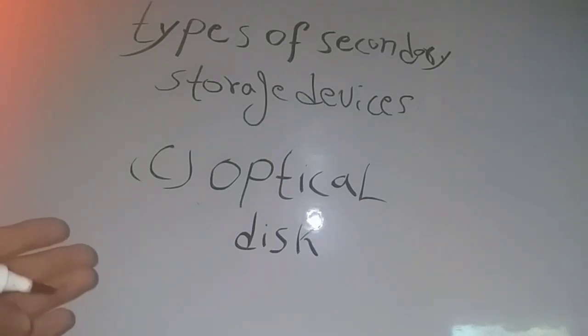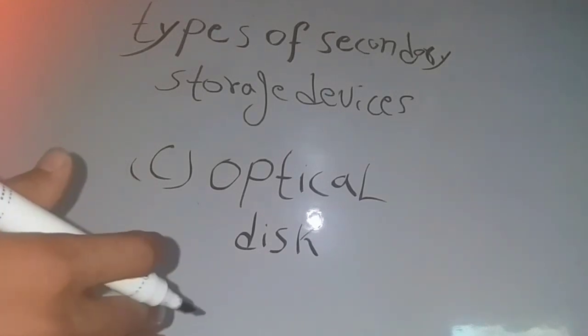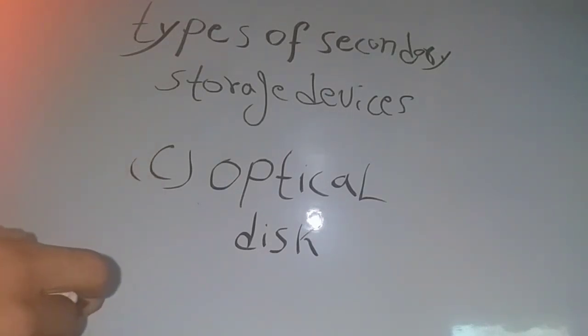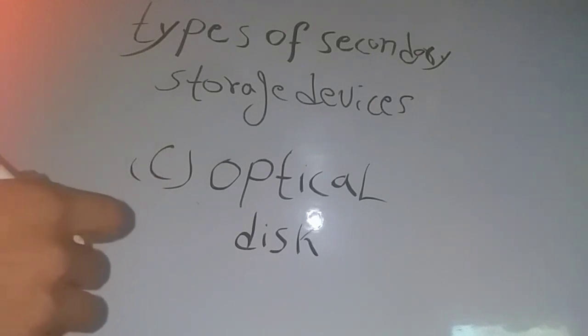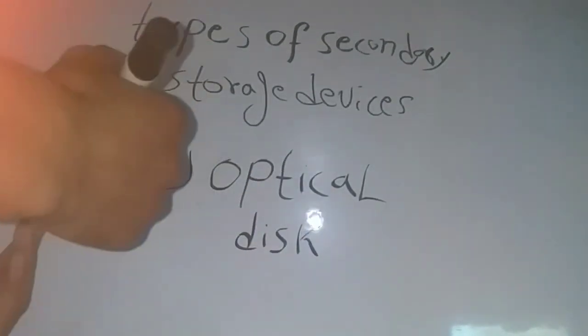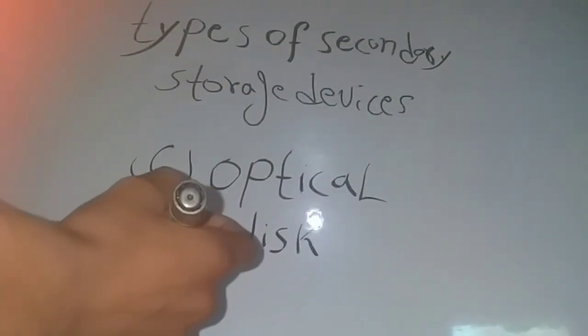Disk format determines the distance to read from the center, linear tracks, and disk speed. This is the optical disk. The optical disk types: CD, compact disk.